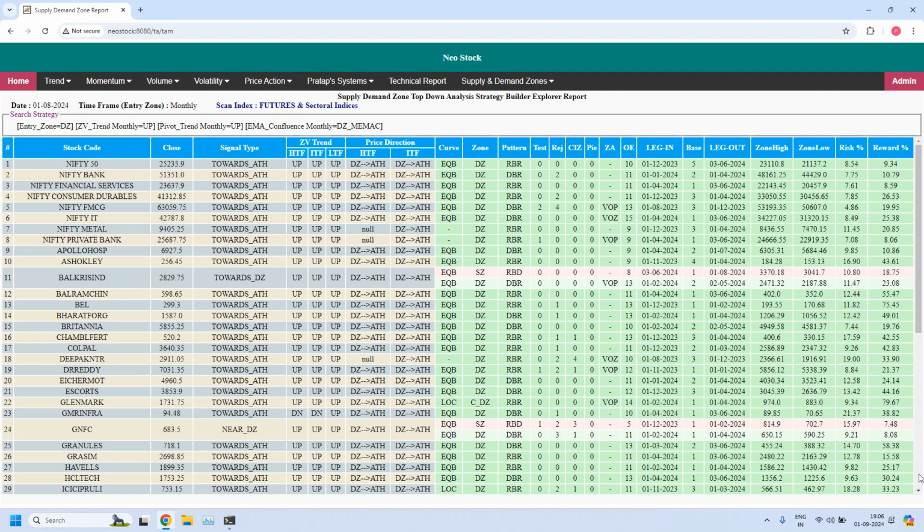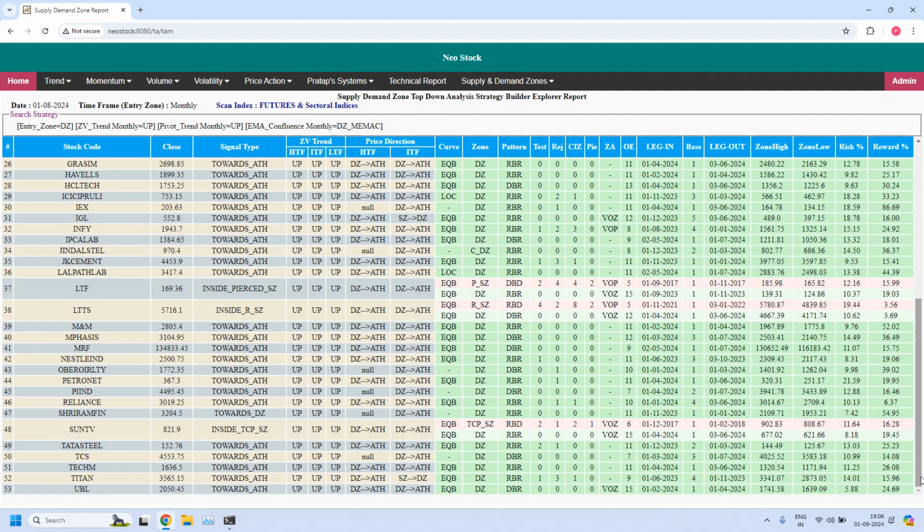In all these stocks, we have both zone violation trend up, and pivot trend also uptrend. So 53 stocks are filtered from 61. Out of 61, 53 stocks are supporting both.